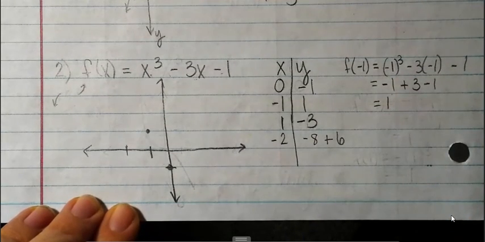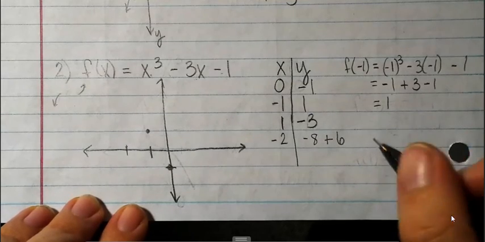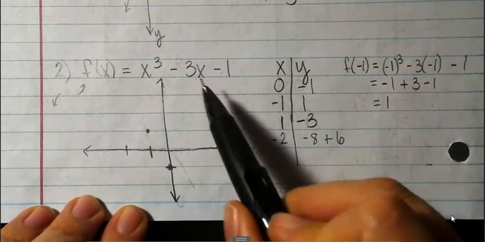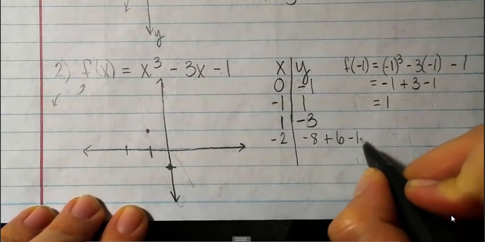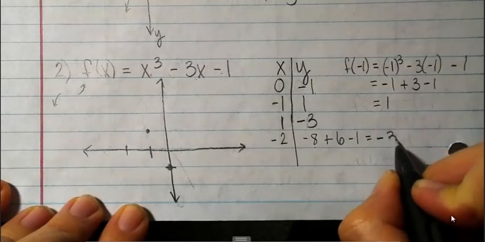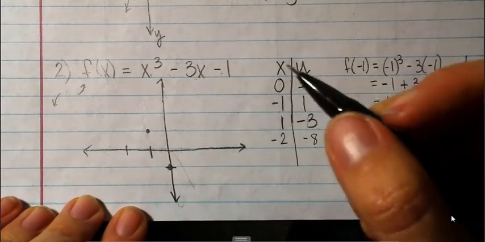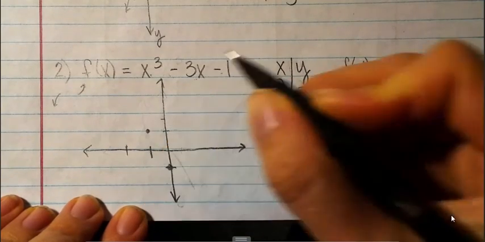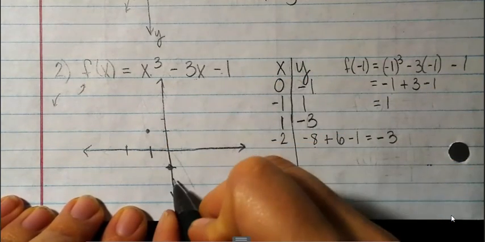Not concentrating because of the dog. She's running around like crazy right now. So let me go back to that. Negative 8, positive 6, minus 1. Okay, so this is going to give me a negative 3. Okay, so I'm actually going to be down here.